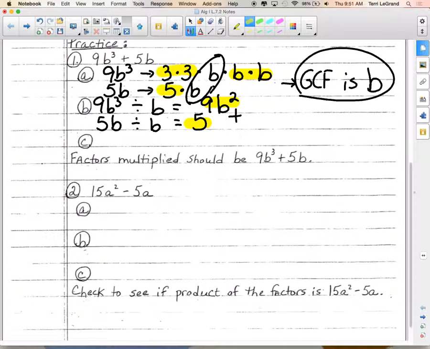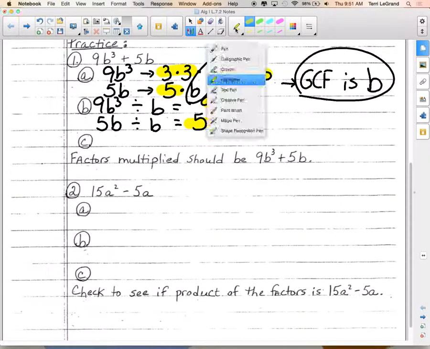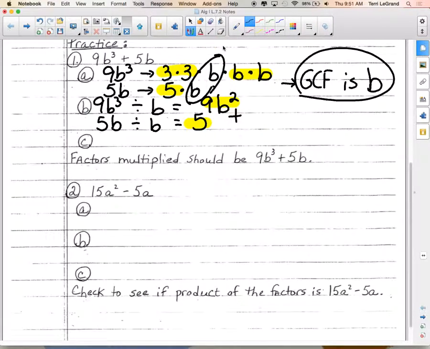So what wasn't part of the GCF is the resulting factor. So now our final answer is, we have this, we could probably circle that right there too.